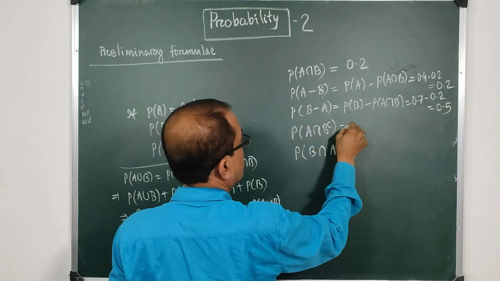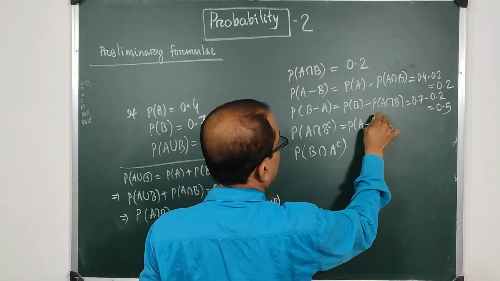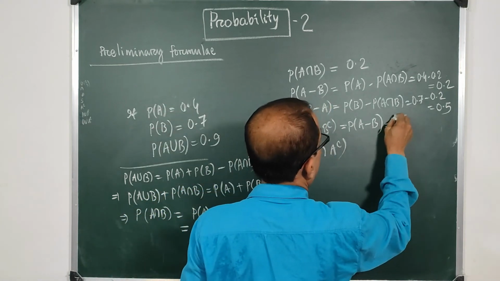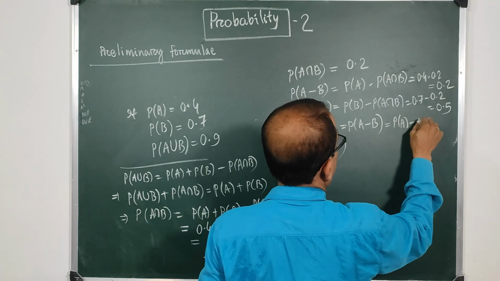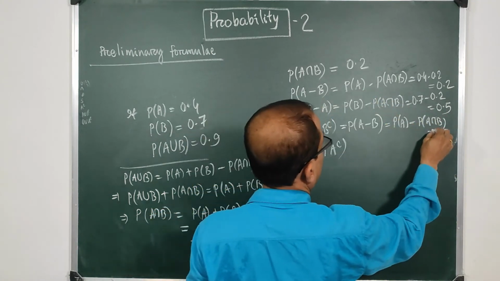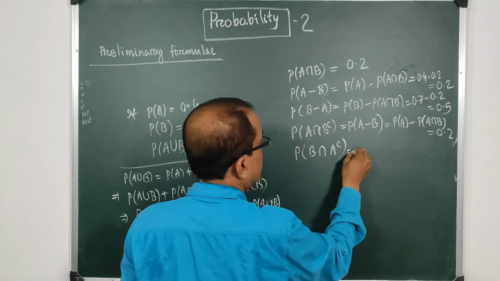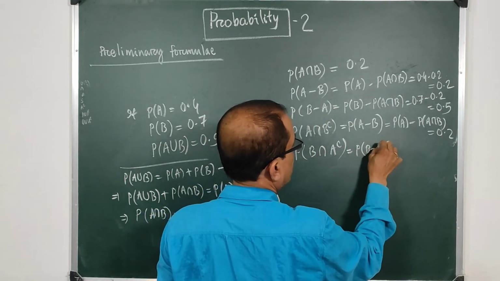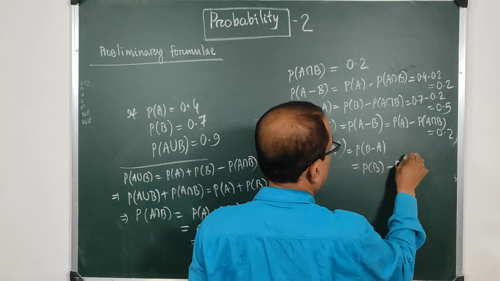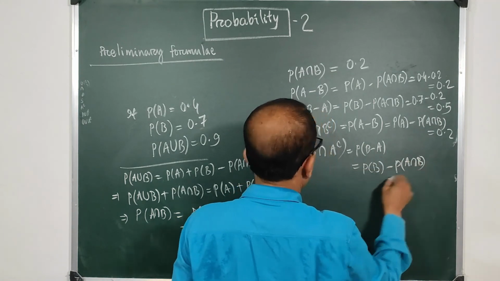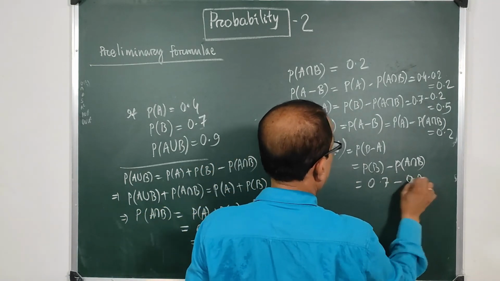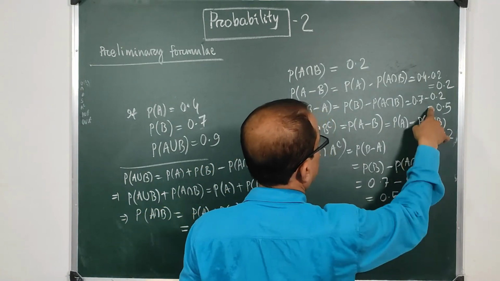This is also equal to P of A minus B. We have already talked, which is P of A minus P of A intersection B. So we get the same result. This will be 0.2, and this is P of B minus A, in other words. So this will be equal to P of B minus P of A intersection B. So 0.7 minus 0.2, which is 0.5, the same answer.